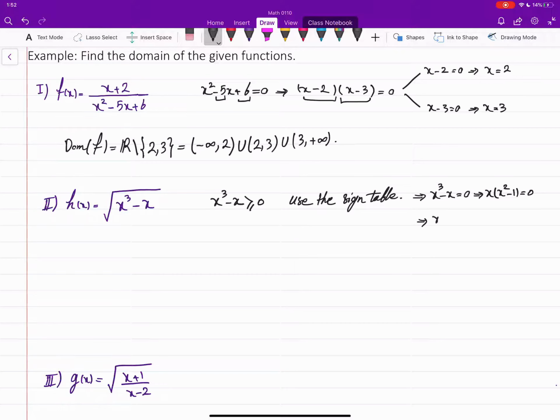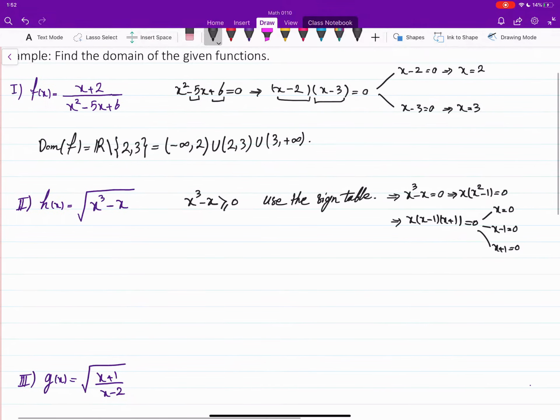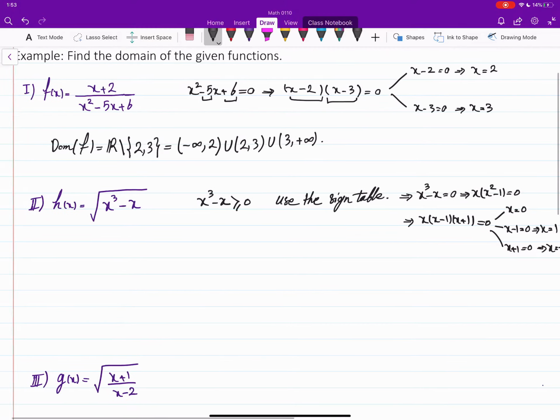So we have x times (x minus 1) times (x plus 1). So either x is 0, x minus 1 is 0, or x plus 1 is 0. Let me write these: x is equal to 1, and x is equal to -1.